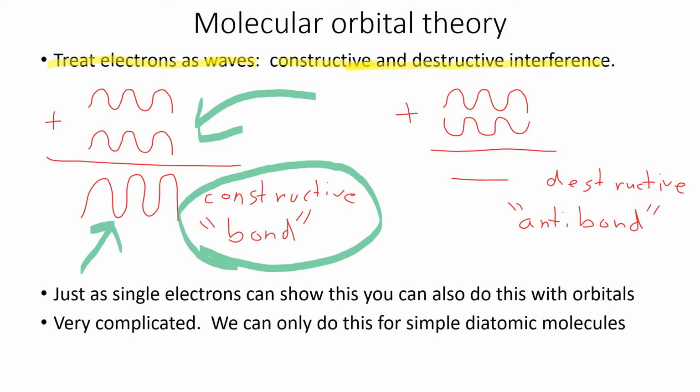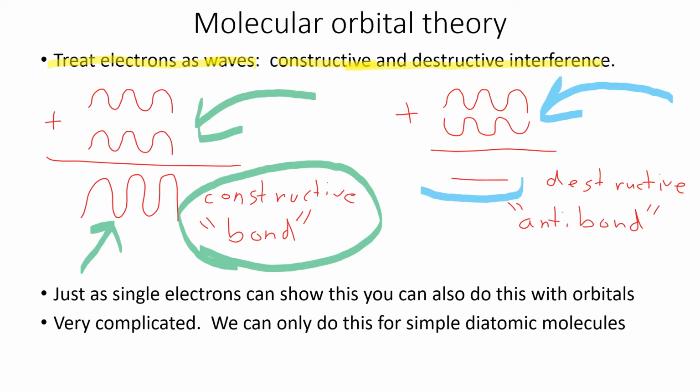On the right-hand side of the screen, we're going to see two waves that are completely out of phase. The peak of one matches with the valley of another. So when these waves add together, when they interfere with each other, they're essentially going to cancel each other out.